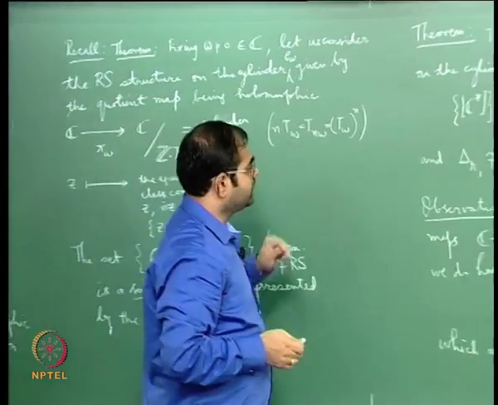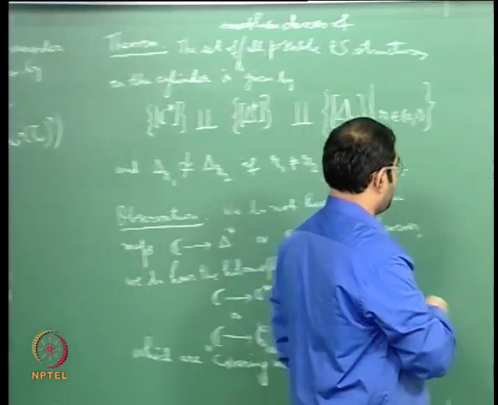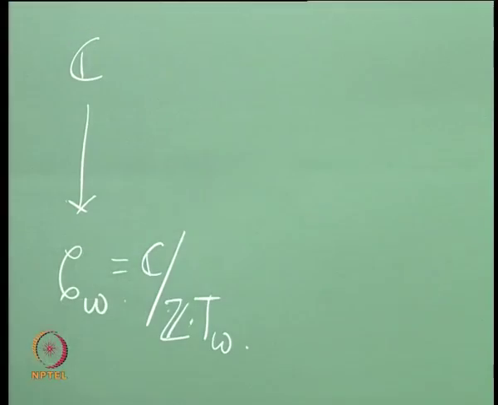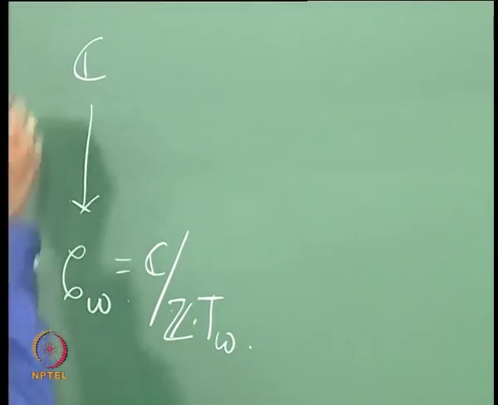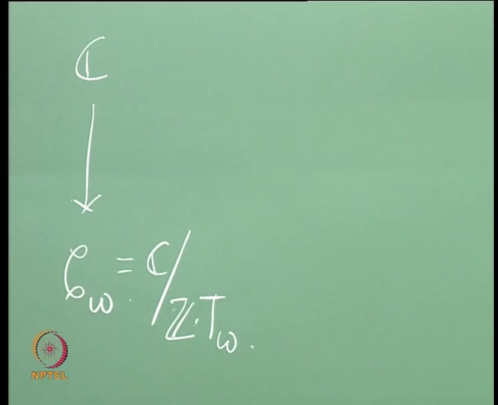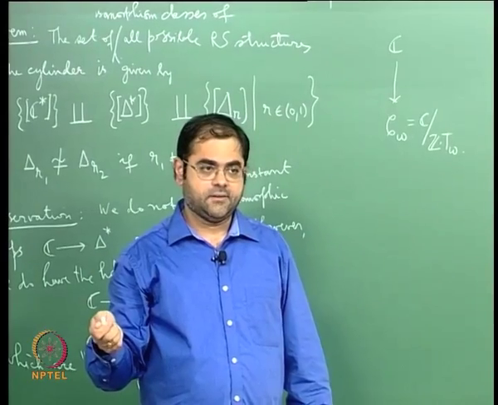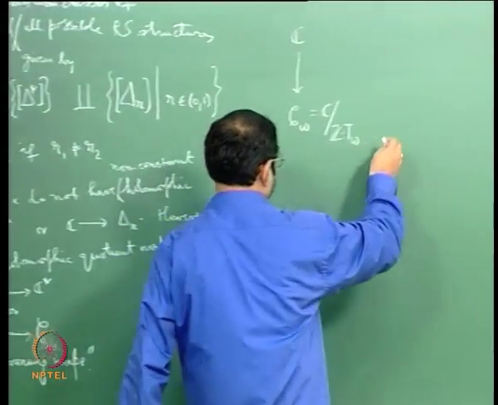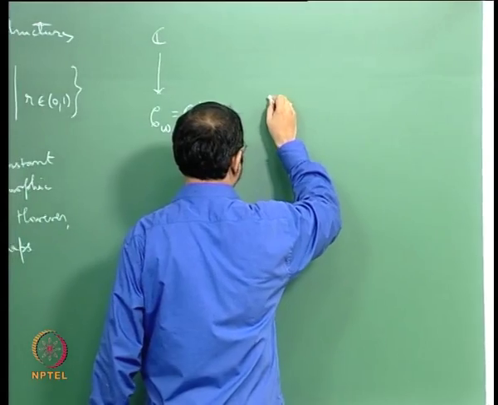Anyway, look at this map and look at the way in which we got the Riemann surface structure. Let us go back and look at it. How did we get it? We did the following thing. So here was a cylinder.